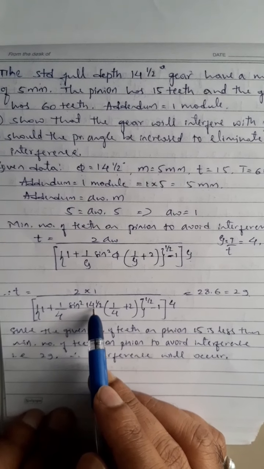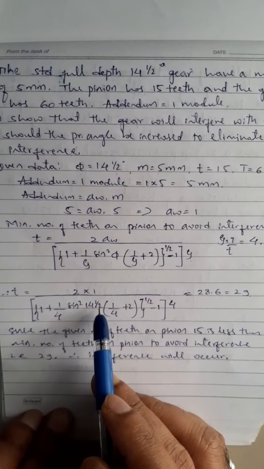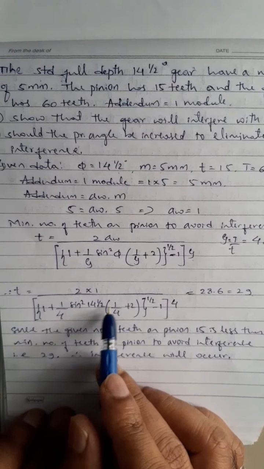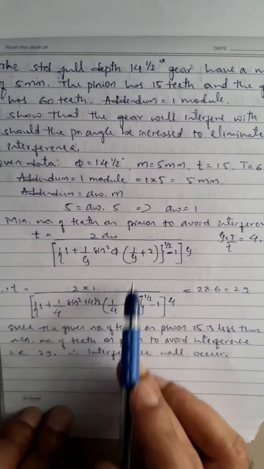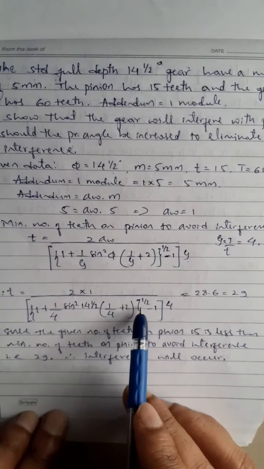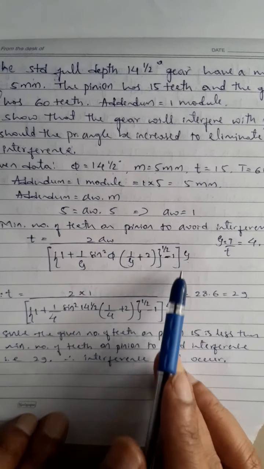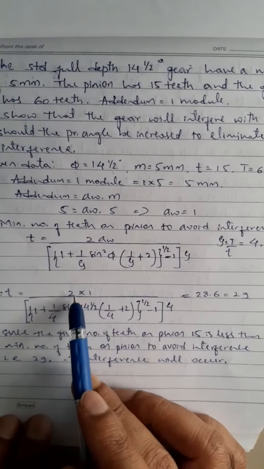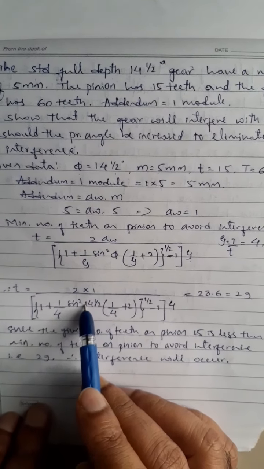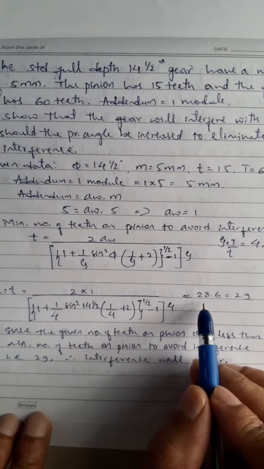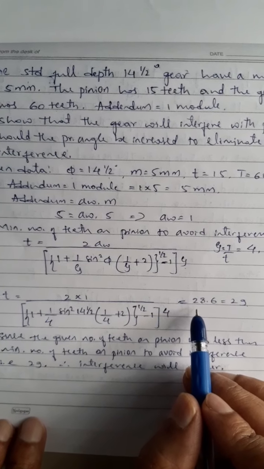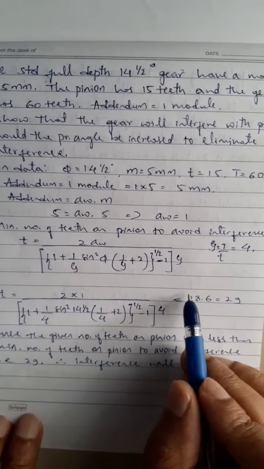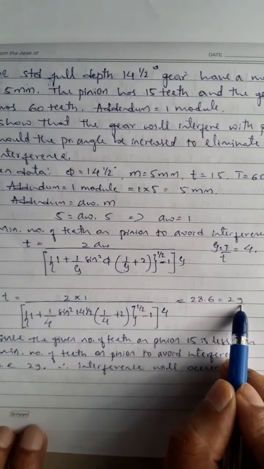So sin square phi, where phi, the pressure angle, is 14.5 degree, into 1 by g, that is 1 by 4, plus 2 whole raised to 1 by 2, minus 1, into g as 4. So substituting all these parameters in the equation, we have calculated the minimum number of teeth on pinion to avoid interference as 28.6. So we can round this off to the next value as 29.